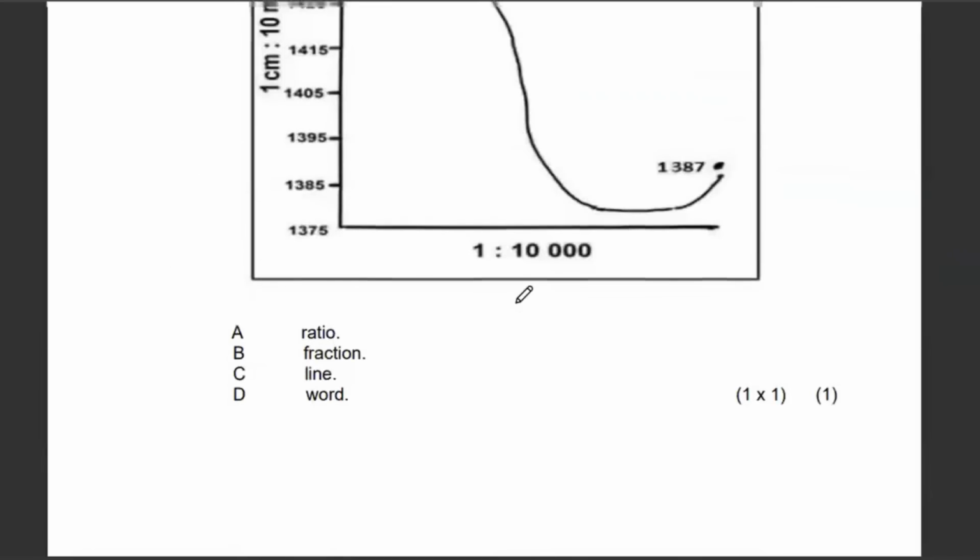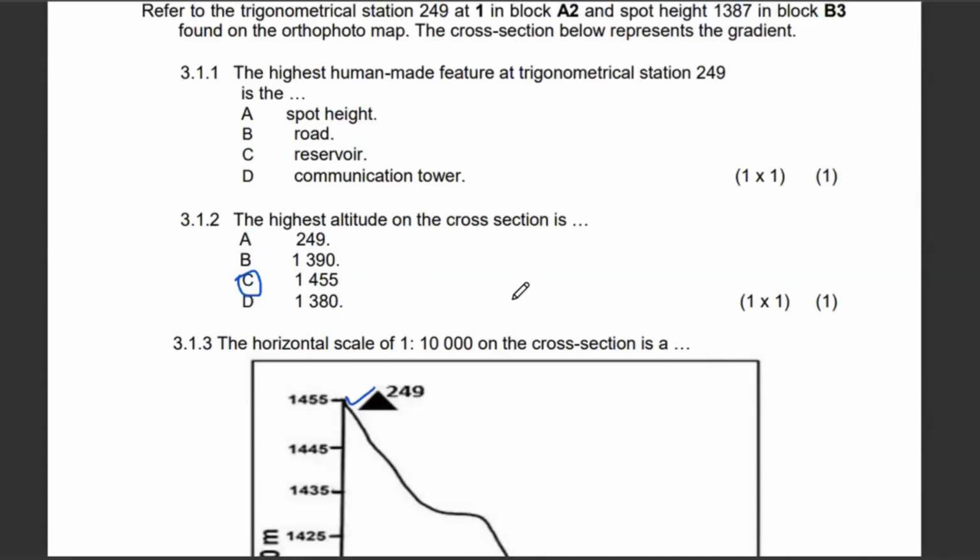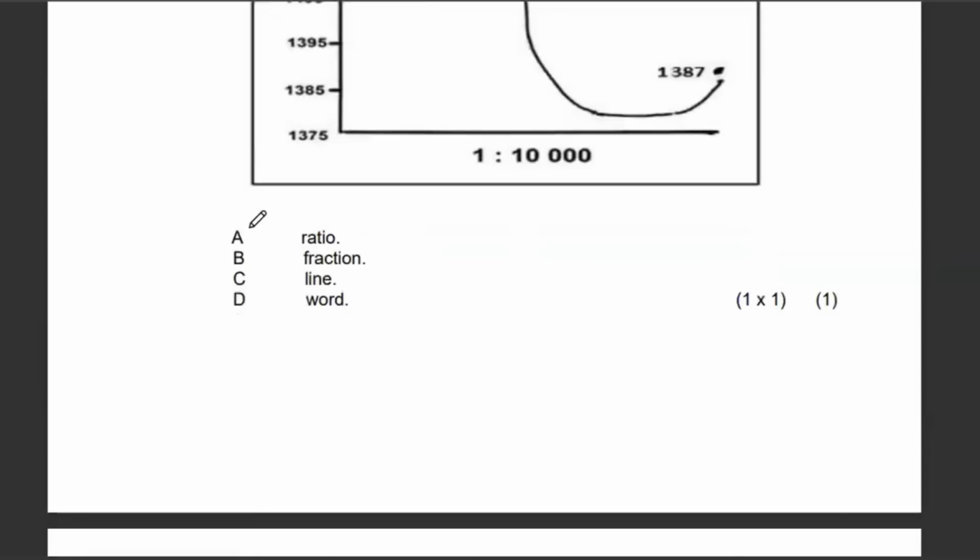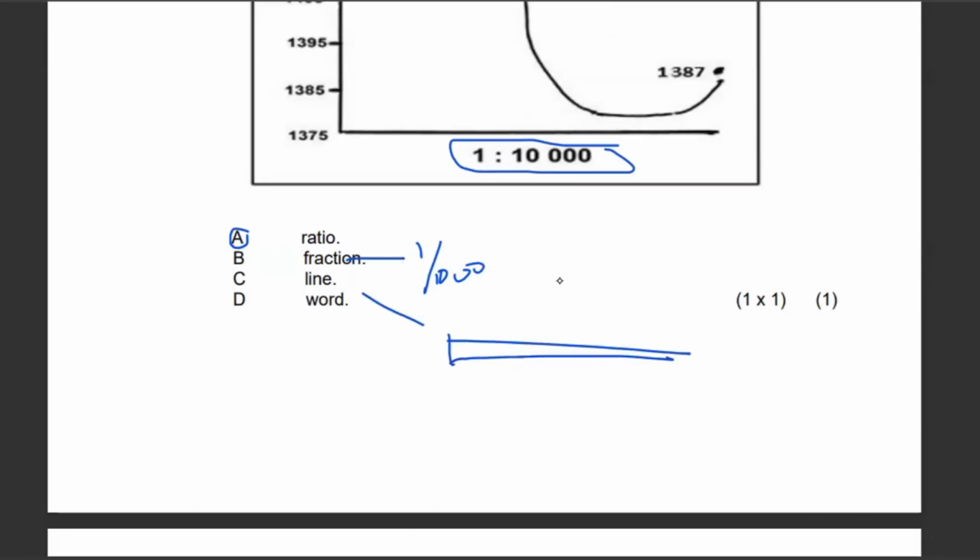What kind of a scale is it? 1:10,000. That is a ratio. A fraction scale would be 1/10,000. When the scale is given as a line with some graduations, this is a line scale.